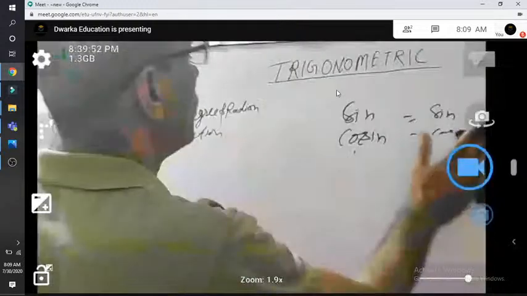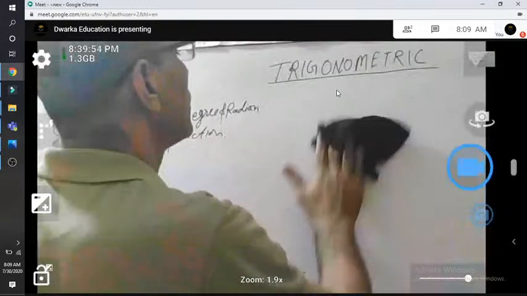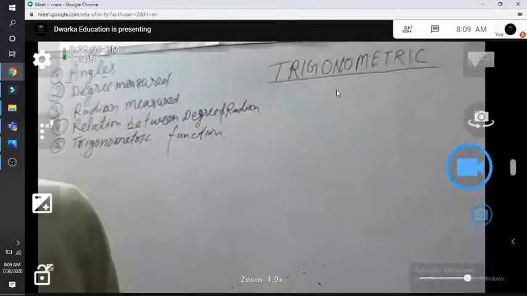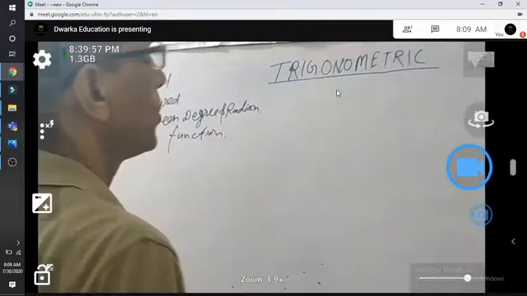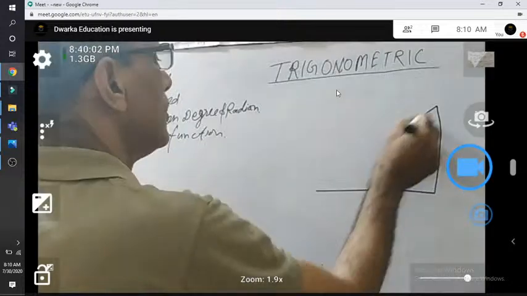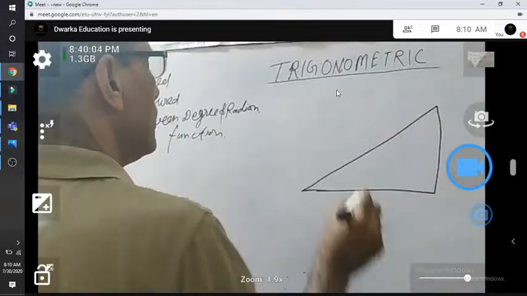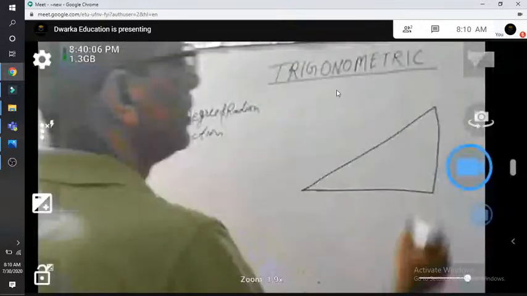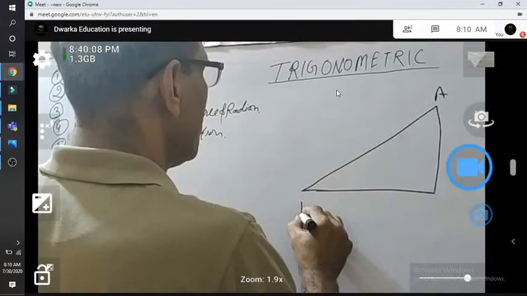Now what is the measure of sine, cos and tangent in a right angle triangle? Suppose this is a right angle triangle ABC.